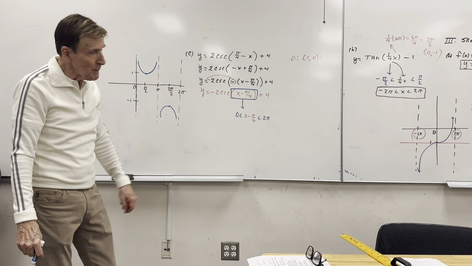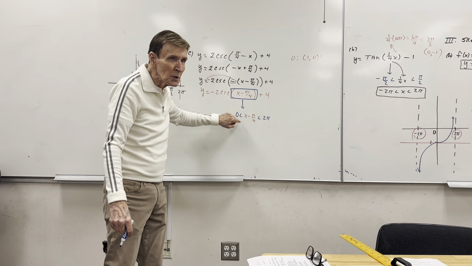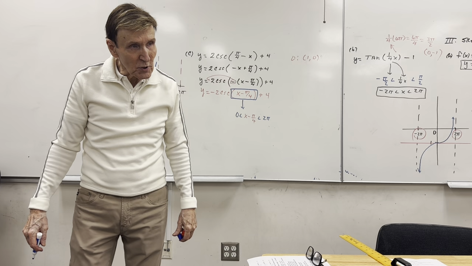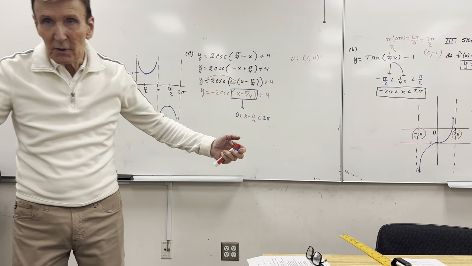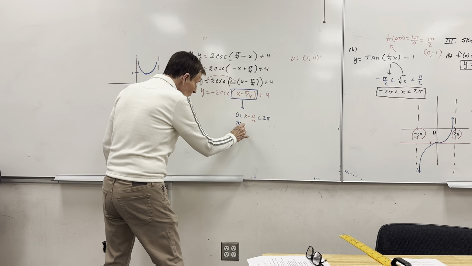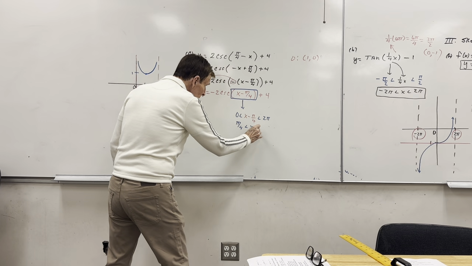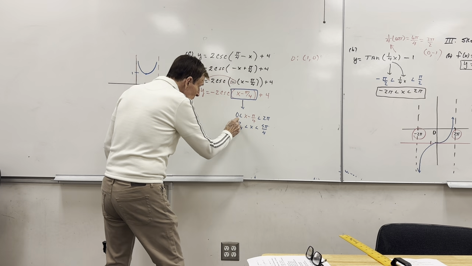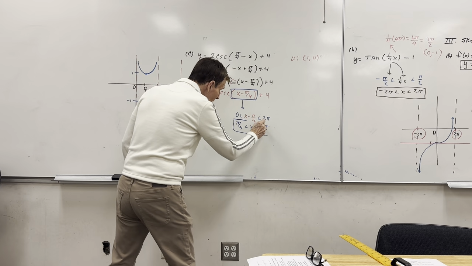Nathan, sometimes I'll put less than or equal to. Why on the cosecant graph am I not going to use an equal to? Because it has asymptotes. Now solve for x, easily done, just add pi over 4. And guys, help me out here, is that 9 pi over 4? I think. See if you guys agree.